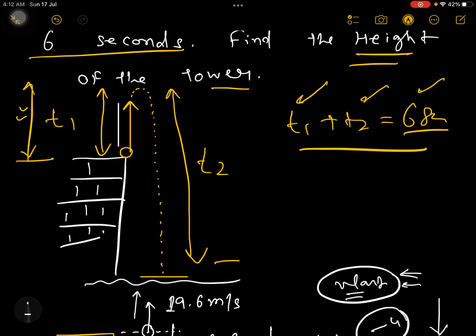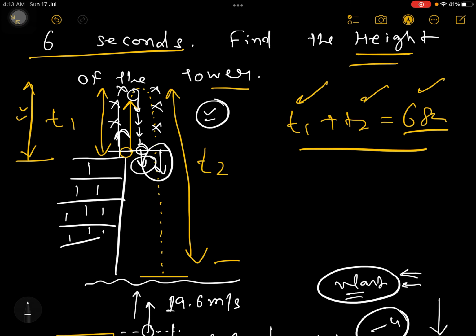If the ball reaches the top and becomes zero speed, then when the ball comes down, at exactly the same level when the ball is directed downward, it will have the same magnitude. 19.6 was upward, then here also 19.6 will be downward. We are not considering air friction on the way, otherwise the speed will be different. Right now there is no data about air, so you don't consider air friction or any other kind of drag.